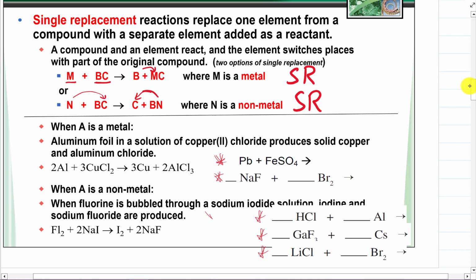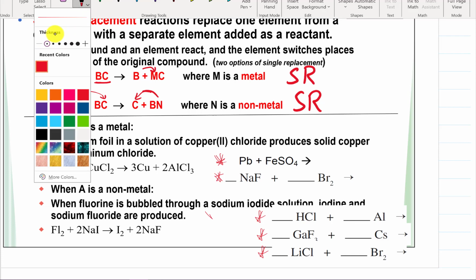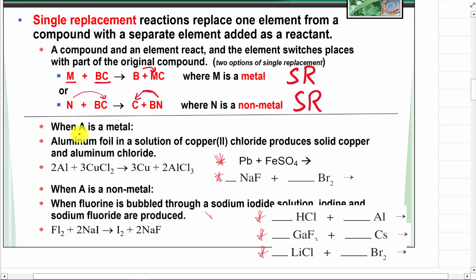When a metal A, let's just change my pen size here. So when A is a metal, okay, so we're going to look at an example here. Aluminum foil in a solution of copper 2 chloride produces solid copper and aluminum chloride.